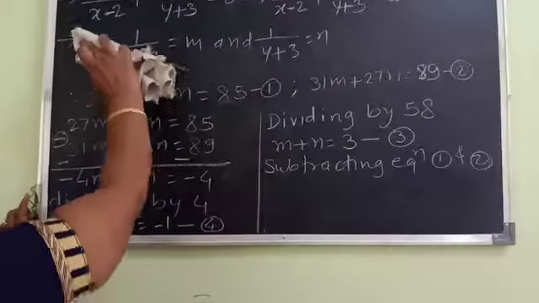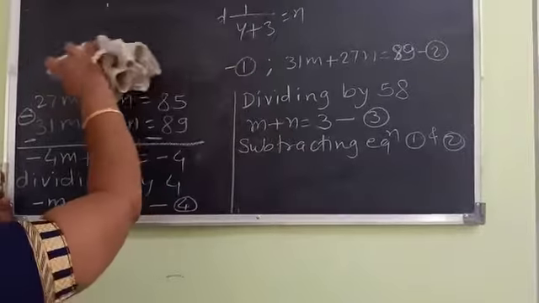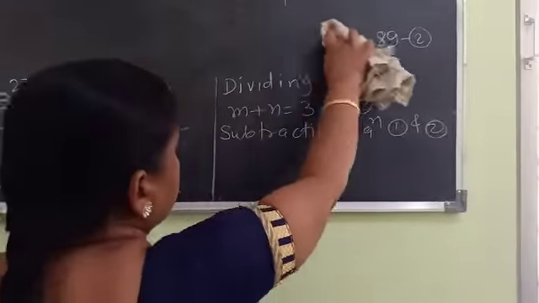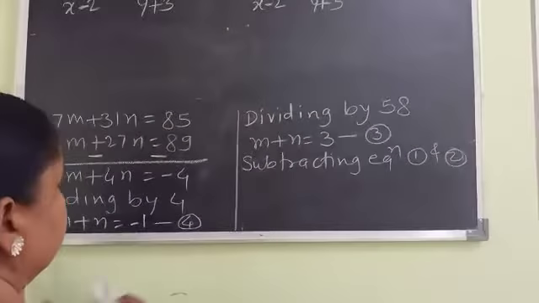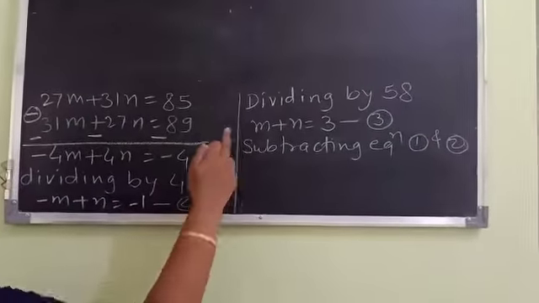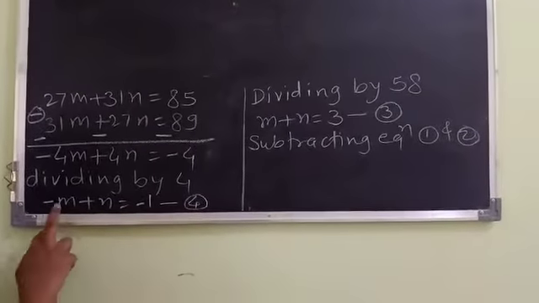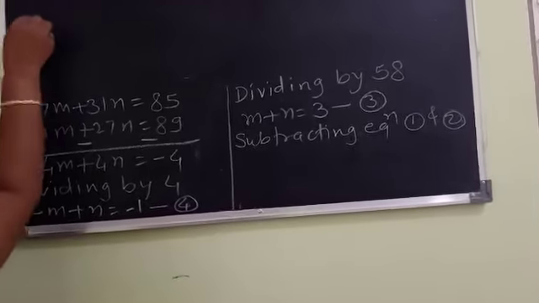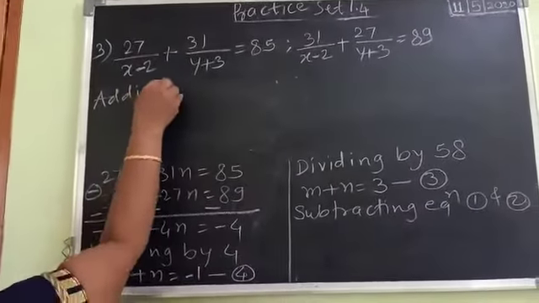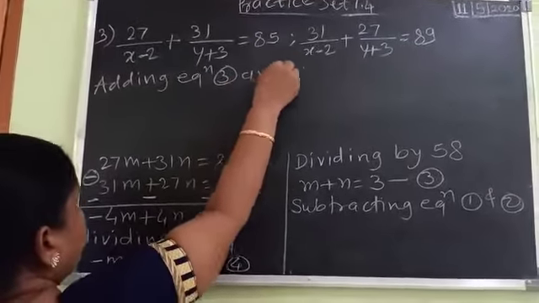So we got these two equations, equation 3 and 4. See here, they have same coefficients but sign is different of m variable. So just adding equation 3 and 4.